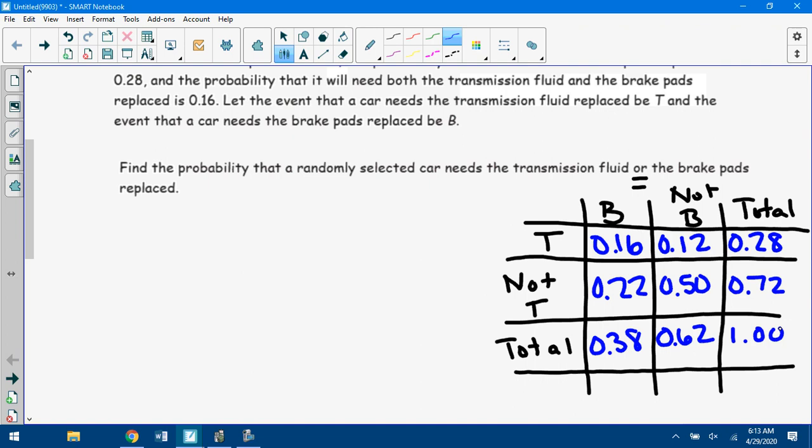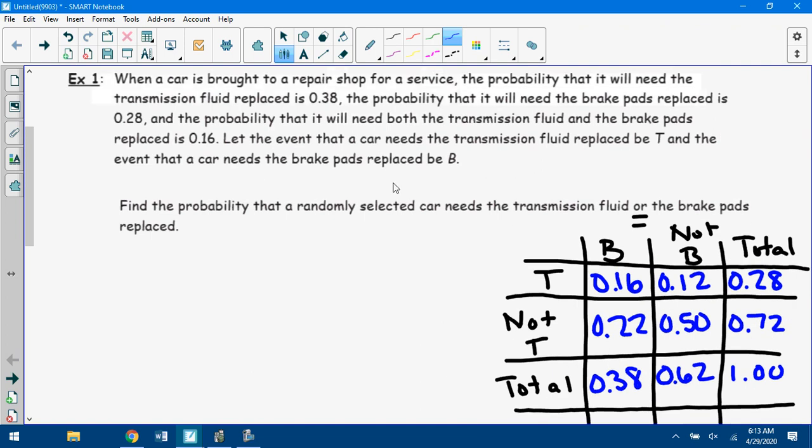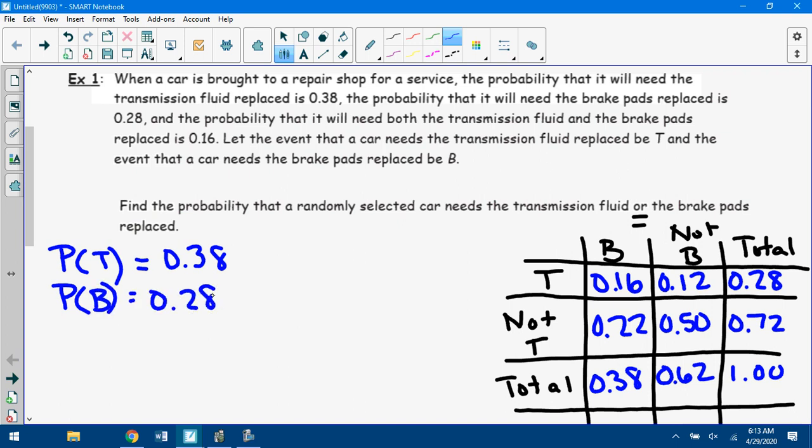Okay, so just from the information that was given to us, we know the probability of transmission fluid replaced is 0.38. We know the probability of brake pads replaced is 0.28. We know the probability of both transmission fluid and brake pads is 0.16.